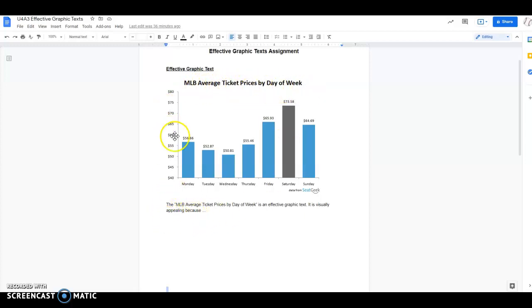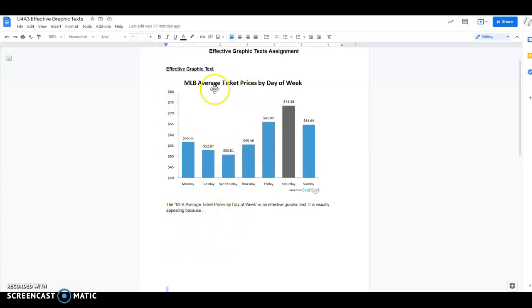And so what I would do is right below my graphic text, I would write the MLB average ticket prices by day of week is an effective graphic text. It is visually appealing because, I just explain why, and then I would comment on the compactness and the proximity to text and the labels and the titles. I would comment on all 5 of the criteria for effective graphics, and hopefully about 8 to 10 sentences.